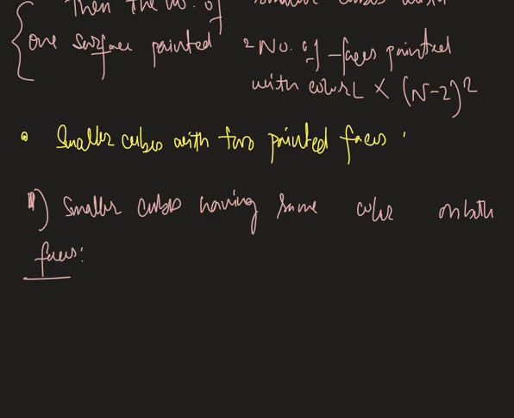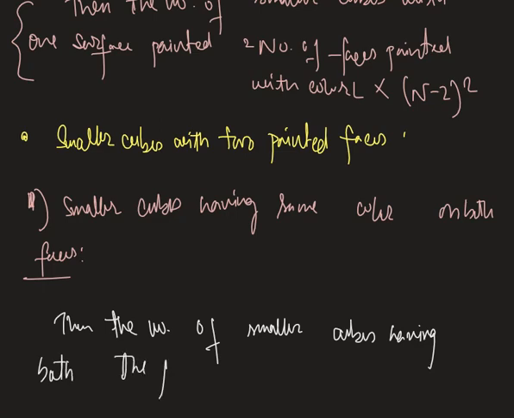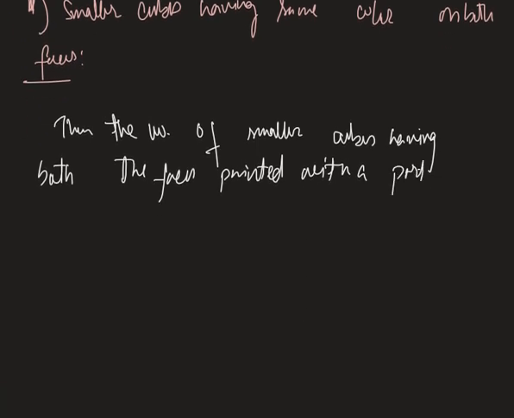Then the number of smaller cubes having both faces painted with a particular color x is equal to the number of edges to which color x is attached.